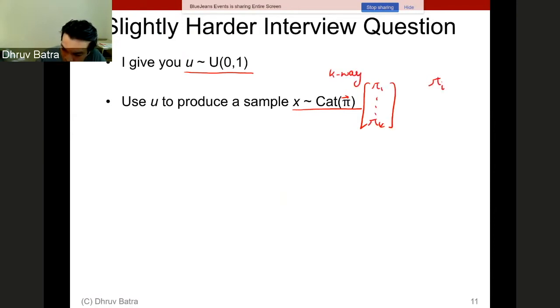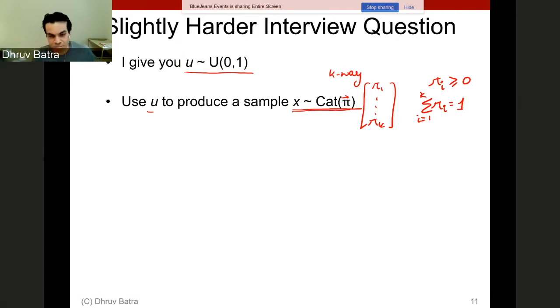So each pi_i is greater than or equal to 0, and the sum of pi_i from 1 through k is 1. So pi is a point on the simplex, and now the question to you is, how would you generalize the previous approach to use a uniform sampler to now sample from this categorical?